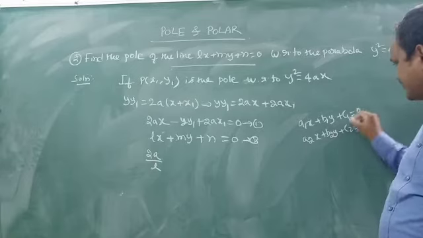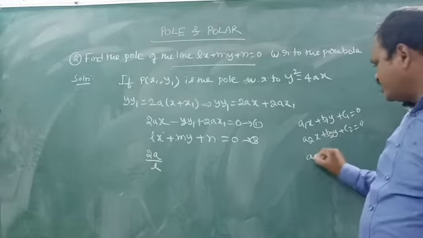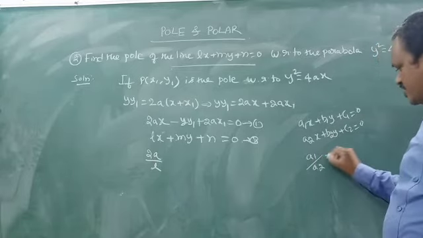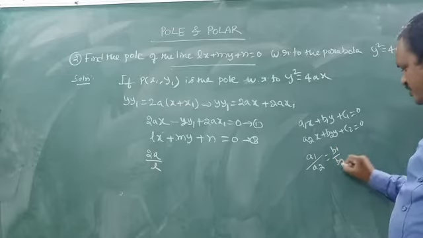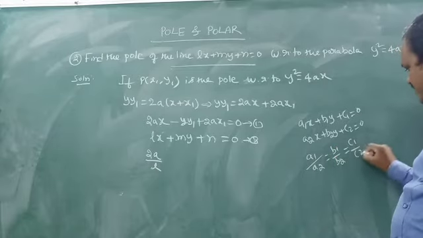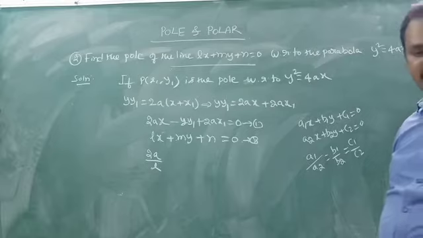If these two lines are identical, then a1 by a2 is equal to b1 by b2, which is equal to c1 by c2.